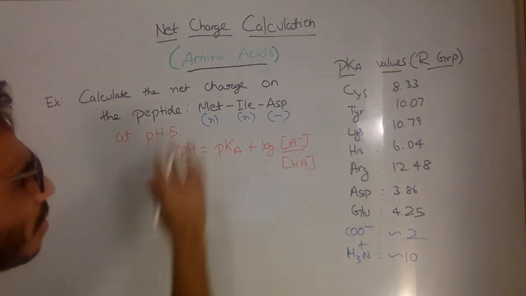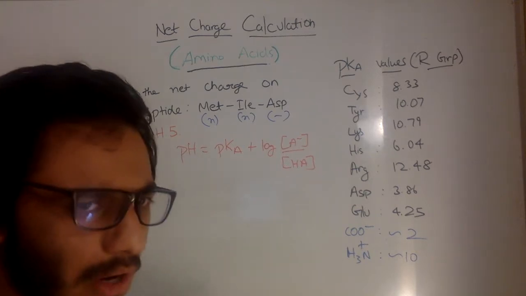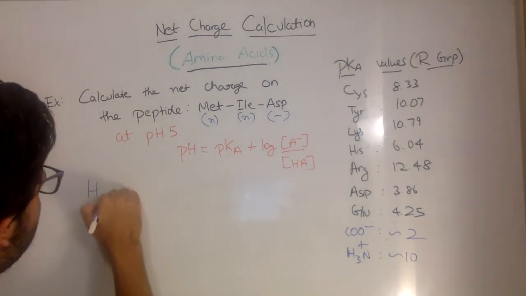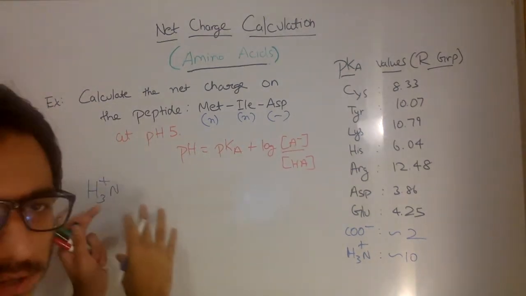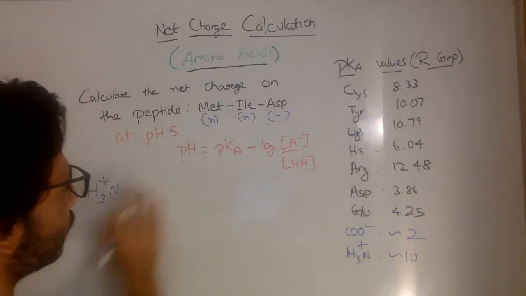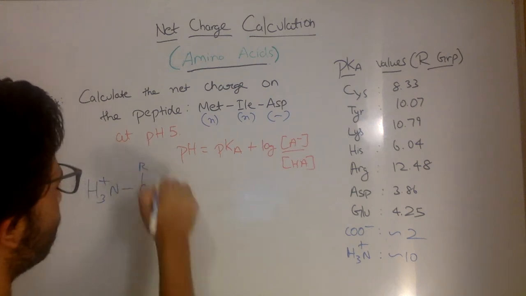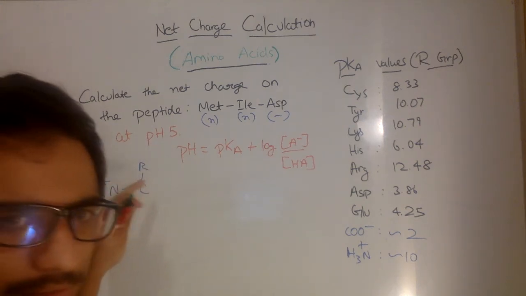Okay. Now let's draw the backbone structure of this tripeptide and see how we can work out the charge. I start with the N terminus. We always start from the N terminus and go towards the C terminus. So we'll start with methionine, this is its N terminus, and let's denote its R group like that.